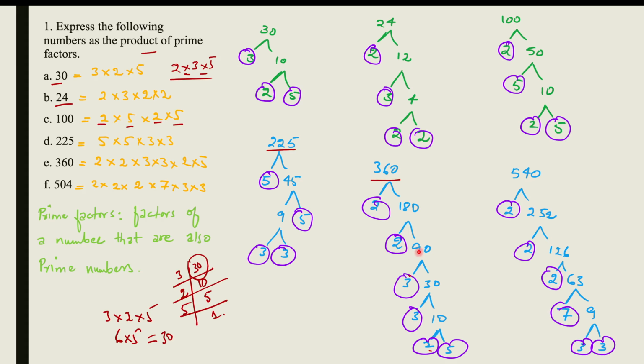Then 2 multiplied by 90 is equal to 180, 2 being prime is circled, 90 being composite is split. 3 multiplied by 30 is equal to 90. 3 is a prime number, so it's a prime factor, and 30 being a composite is split into 2 factors: 3 multiplied by 10. 3 being prime is circled, and 10 being composite is further split into 2 prime factors, that is 2 and 5, so 2 multiplied by 5 is equal to 10.